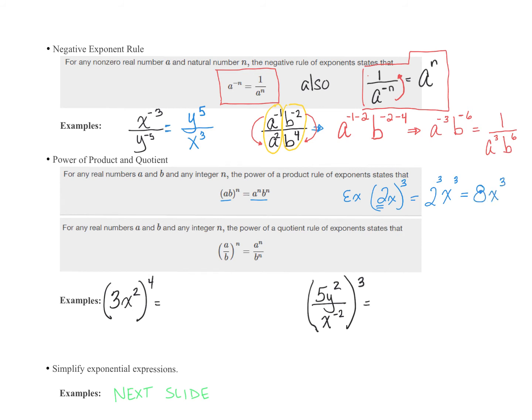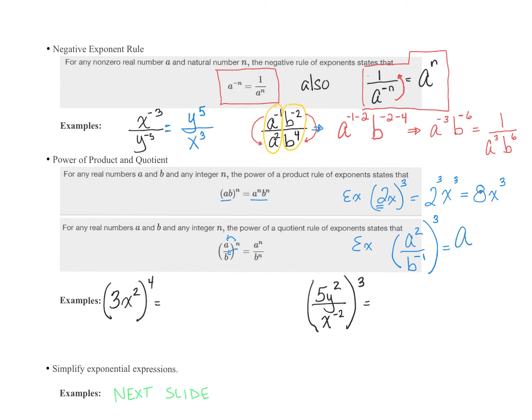In a similar fashion, if we're going to raise a quotient to a power, we're going to raise each piece of that quotient to that power. So again, a quick example would be something like a squared over b to the negative 1, and we're going to raise that to the third.